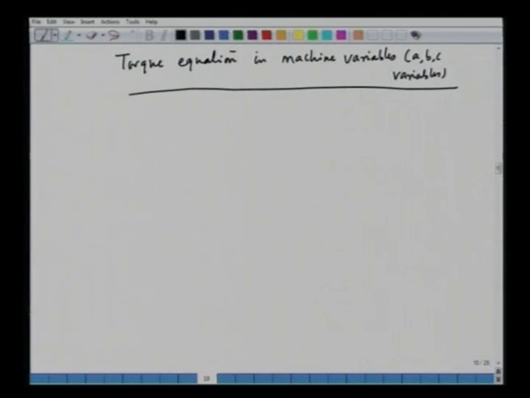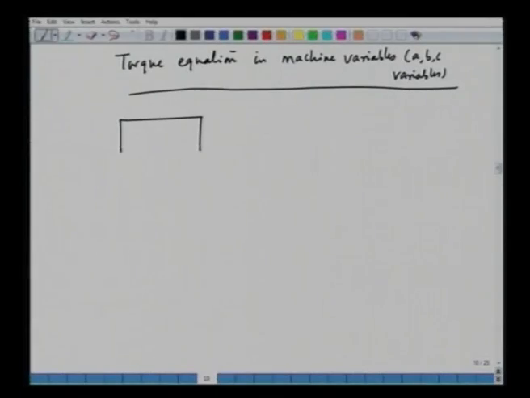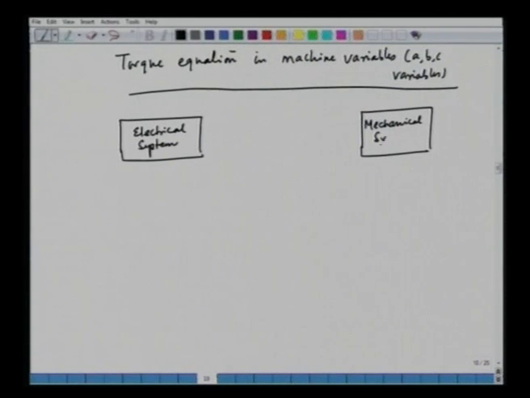We have a coupling field between the stator and the rotor, and any change of the field will result in mechanical output. So what we have here is an electrical system and a mechanical system, and these systems are connected by means of a magnetic field.